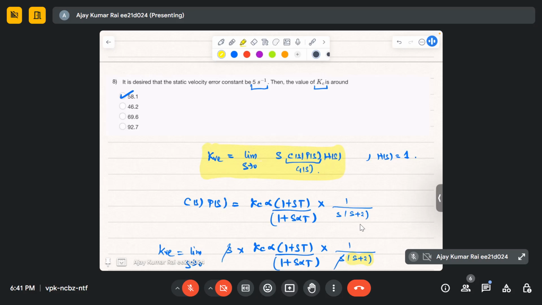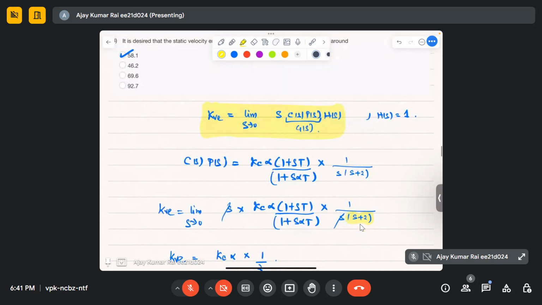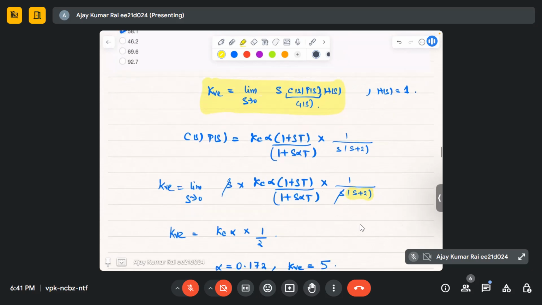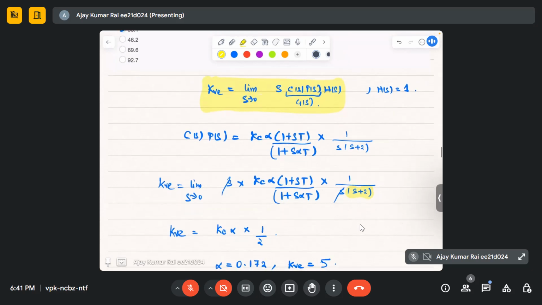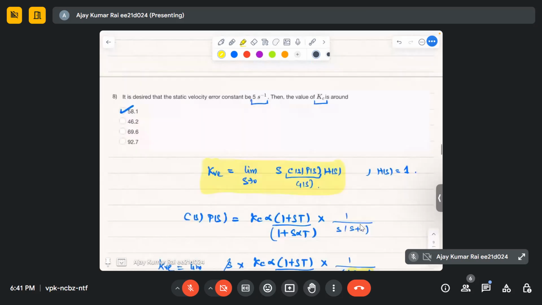Otherwise you will not get a value here. Either you'll get 0 or some infinity value, right? We have seen this when we studied error constants. And you know again G(s) is equal to C(s) into P(s). Already everything we know. Just apply the limit and you will get the value of Kc. So any doubt in this question?